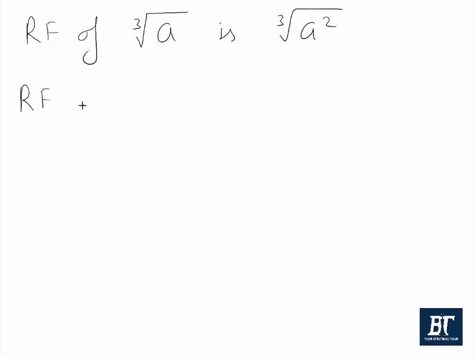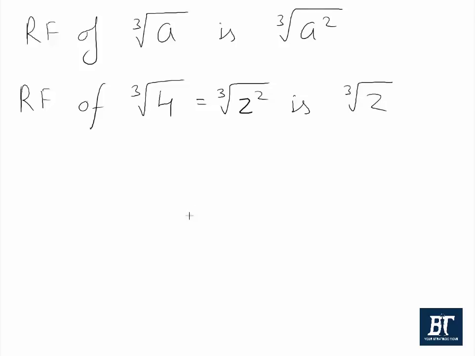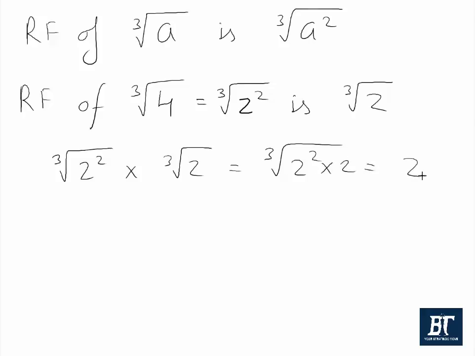Example, rationalizing factor of cube root 4, which is equal to cube root 2 square, is cube root 2, because we can see cube root of 2 square, when you multiply this by cube root of 2, you get cube root of 2 square into 2, which is 2. So this is the rationalizing factor.